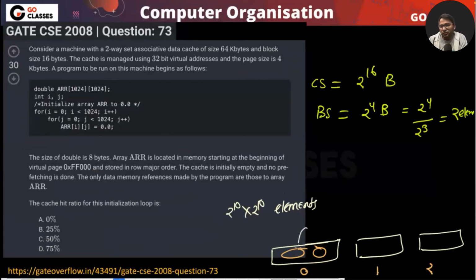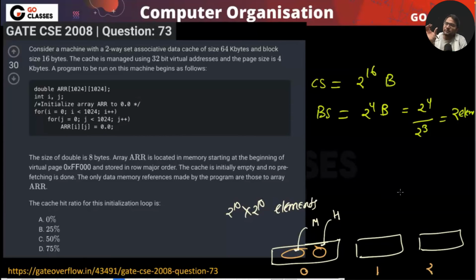Then you just need to tell me, since they're just accessing the array elements once, whether this will be a hit or a miss. For the first element it is a miss, and then for the next element it will be a hit, right? Since they're accessing it only one time, it doesn't even matter what the cache size is. So it is miss and hit, miss and hit. Will this pattern change because of the cache size or anything else? No, right?